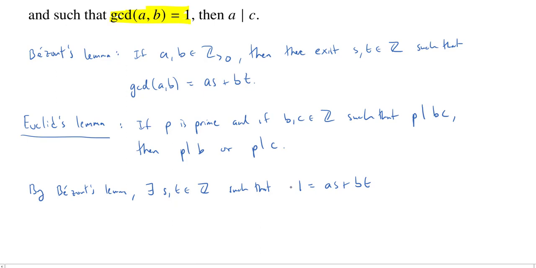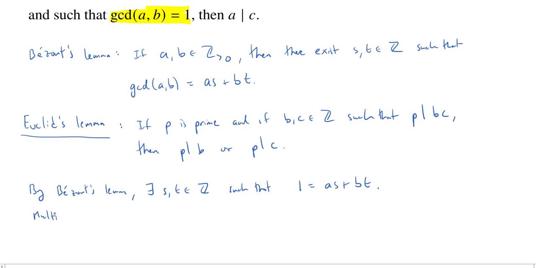Now, ultimately, we want to be able to say something about a dividing c, and there's no c in this picture. Well, there's a real easy way to include a c, which is just multiply everything by c.